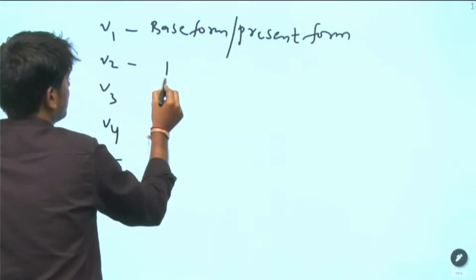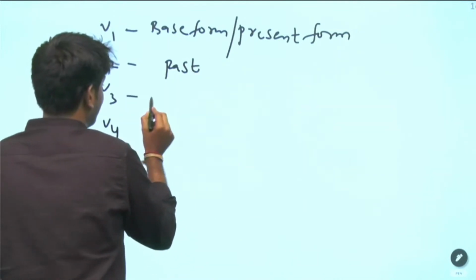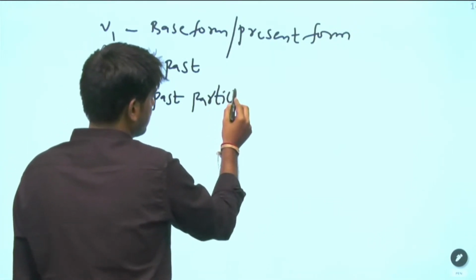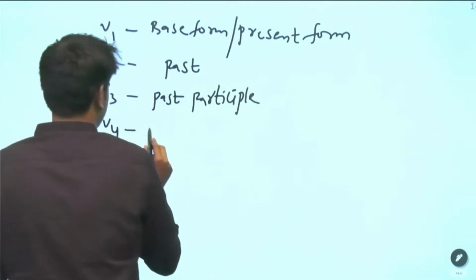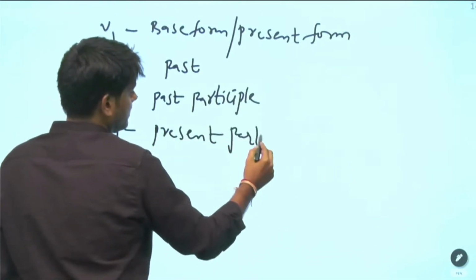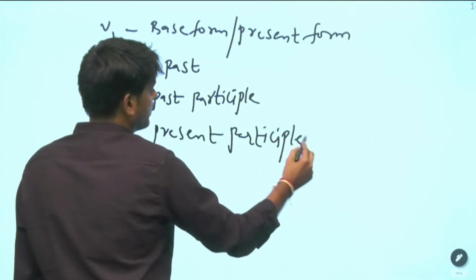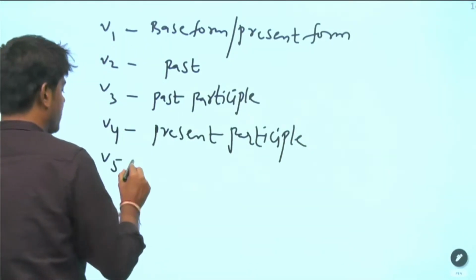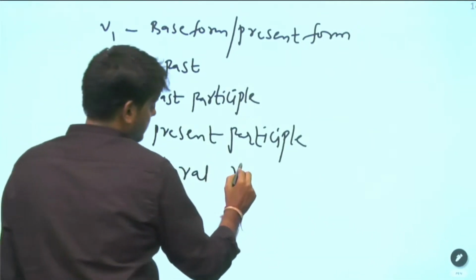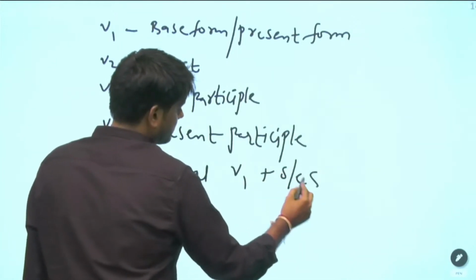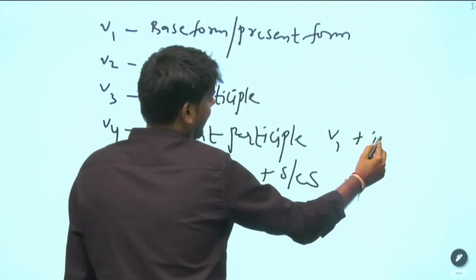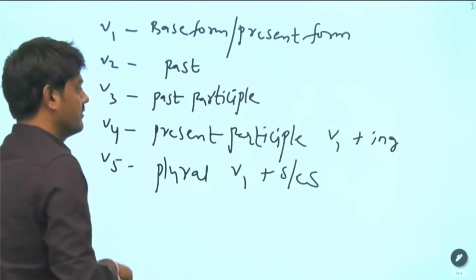V2 is called the past form, V3 is called the past participle, and V4 is called the present participle. This is very important, as most students don't know the name of V4. V5 is the plural form. How do we get V5? To V1, if we add s or es, we get V5. And what is V4? To V1, if we add ing, then we get V4.